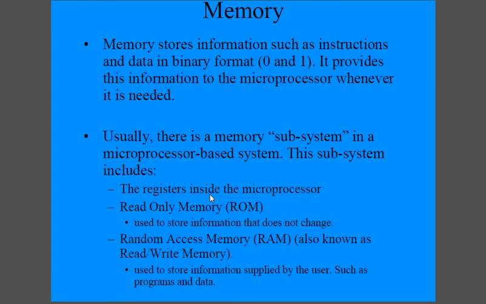Okay, and then this is the memory that we have inside the system. The first one is the register itself, which resides inside the microprocessor, and also there will be read-only memory, ROM, which we use to store information that does not change.